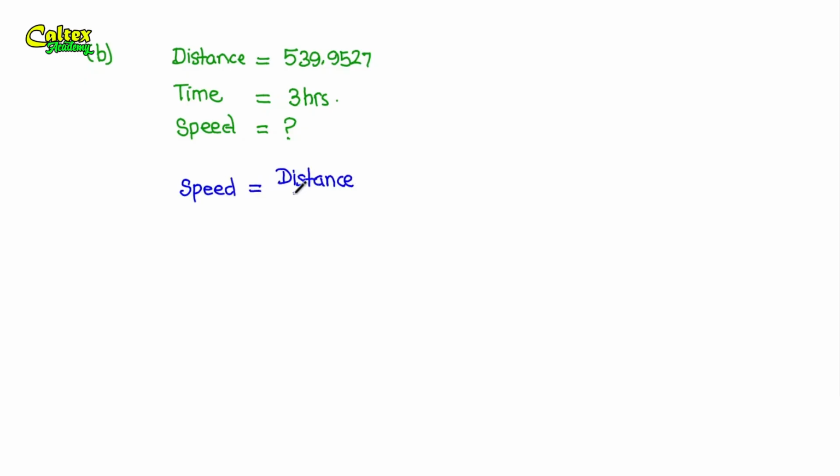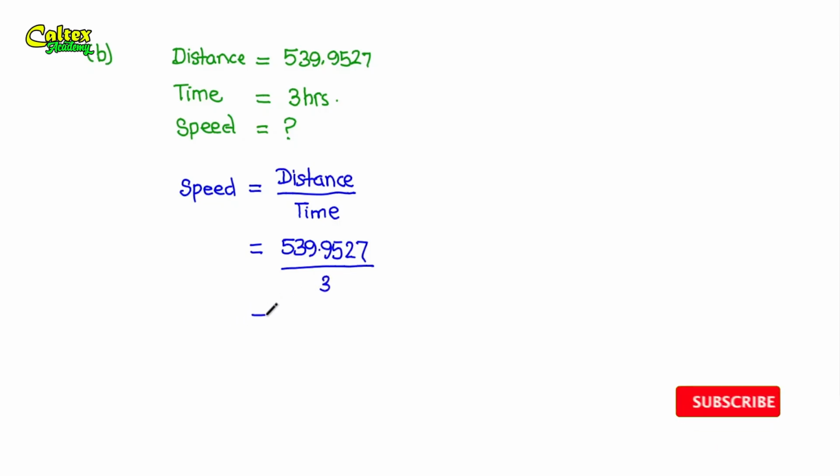distance divided by time. Now let's make substitution to our formula. So our distance is 539.952 divided by time, 3 hours. So this one gives us 179.98527.